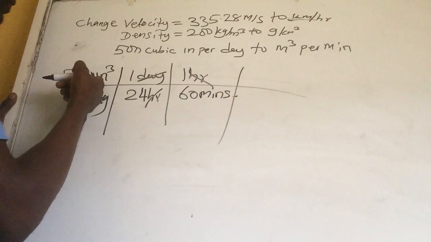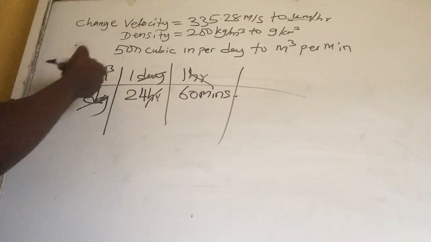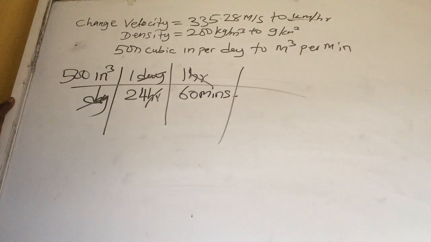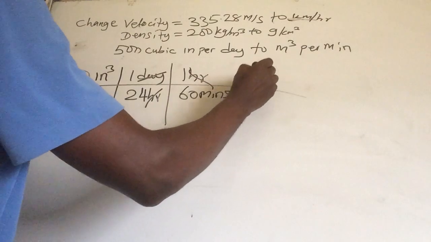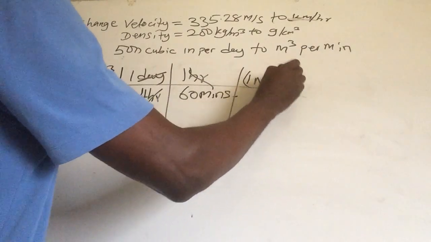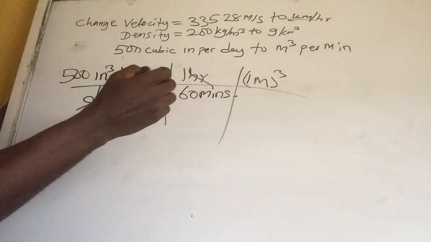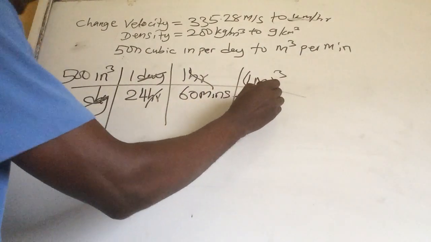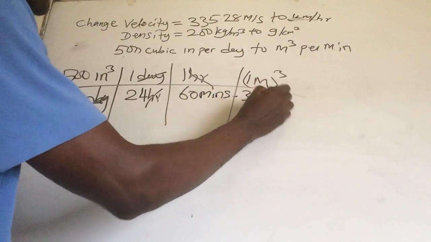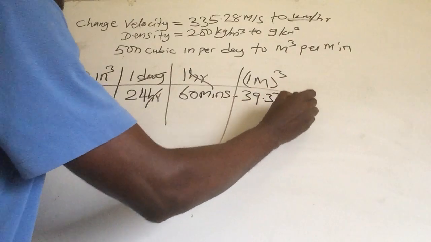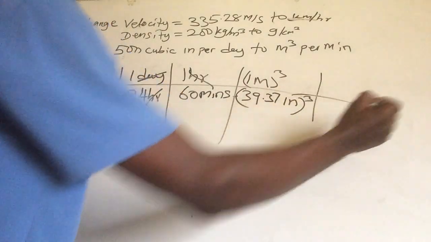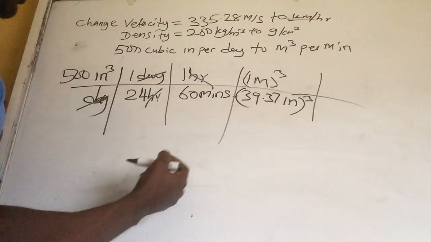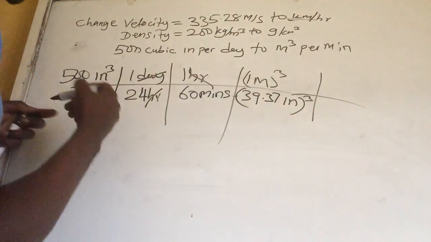Now for the cubic inch, 1 meter cube is equal to 39.37 cubic inch.